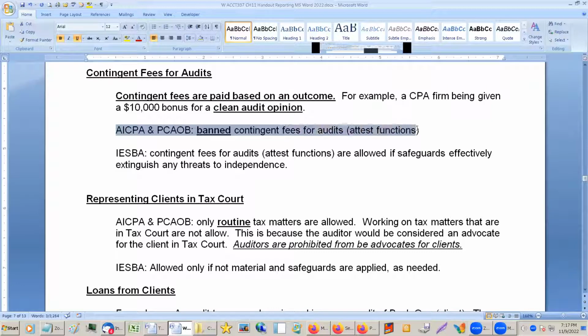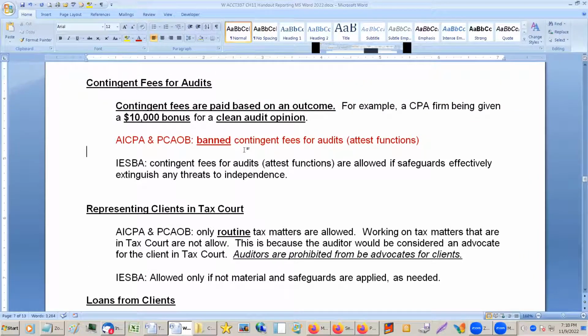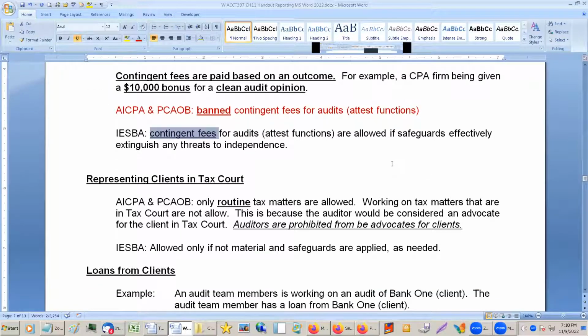The AICPA banned all contingent fees for audits, and even for attest functions, things that aren't audits but that you're testifying to. You cannot take a contingent fee. Obviously, this does not seem like you're independent. Amazingly, this one is really a head scratcher, why they would allow it, but they allow it if they have safeguards.